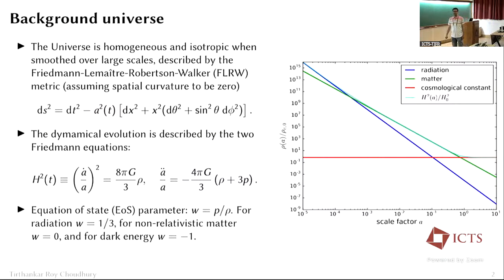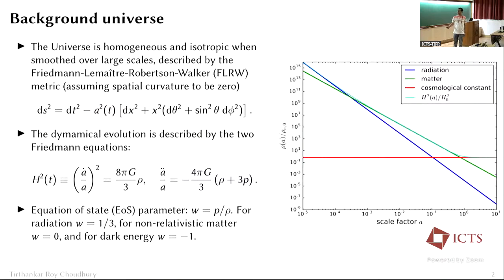This rho and this pressure, the density and the pressure, will consist of all the energy densities in our universe, whatever our universe is made up of. So it could be non-relativistic matter, radiation, as well as the cosmological constant, which can also be absorbed in this definition of rho and p.